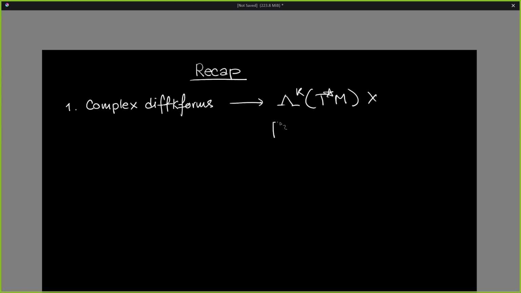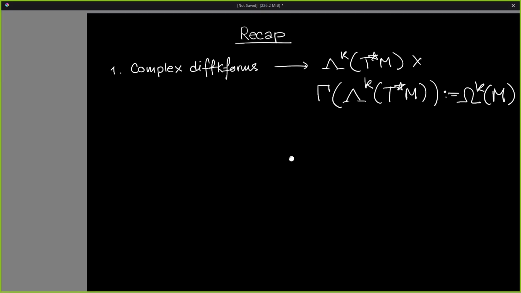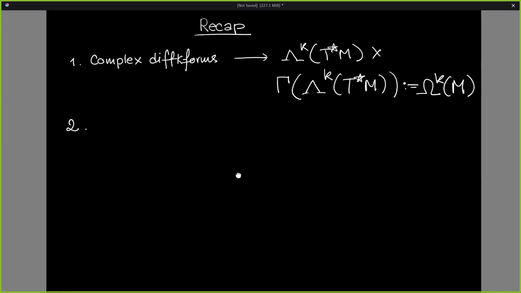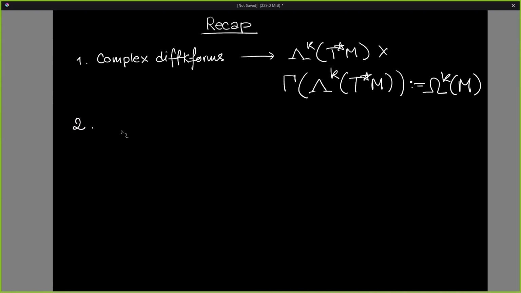They're from gamma of lambda k of T star M, which is by definition omega k of M. So, a small correction there.